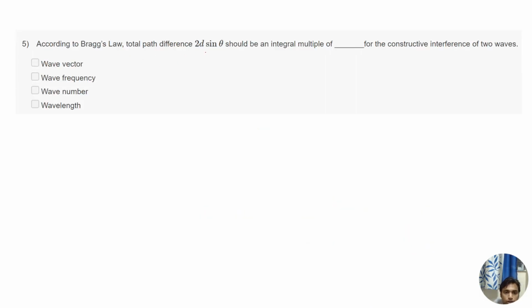According to Bragg's law, the total path difference 2d sin theta should be an integral multiple of the wavelength. So what did we see? We saw that if these are our two crystal planes and light is coming like this and going like this, again coming like this, and we had drawn that the interplanar spacing is d and this is theta, this is the extra distance and this is the extra distance.